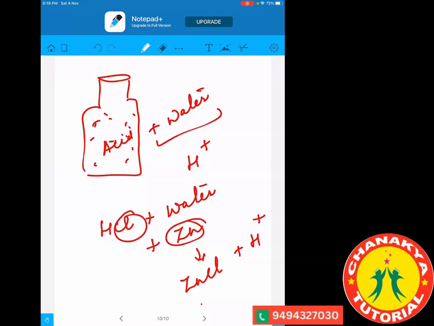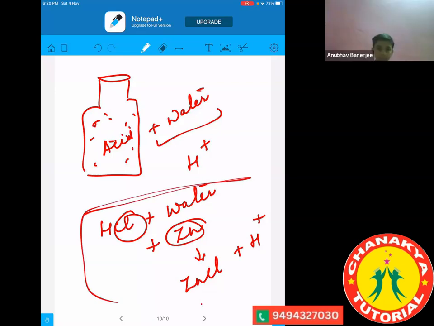They will not move anywhere because there is no one to react with. But if something more is added along with the water, all the negative ions will go and attach with the metal and the hydrogen ions will separate out of it. Like this reaction. Clear? Yes, ma'am. Okay.